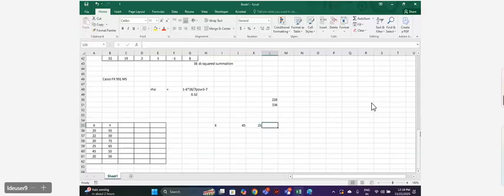Then the next highest value? 22. Which is the next highest value? 20. That's it. Listen carefully.